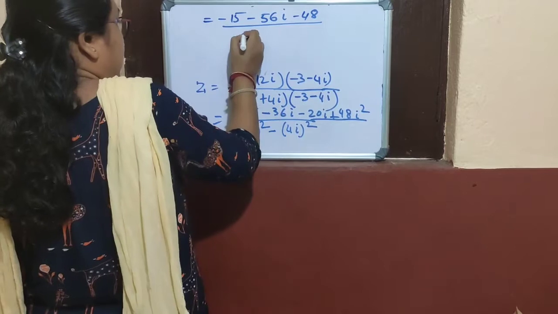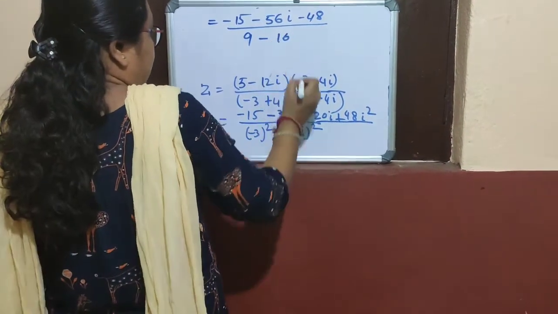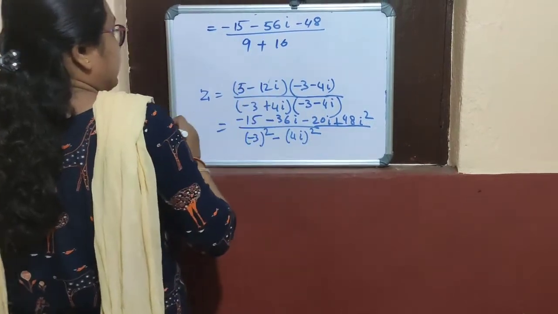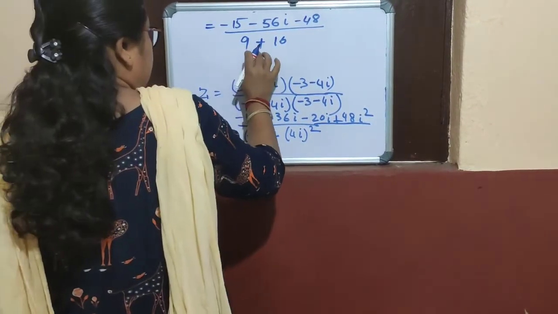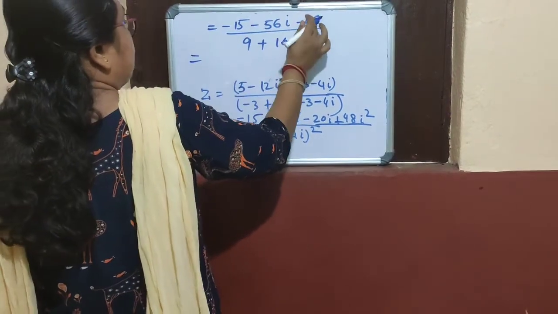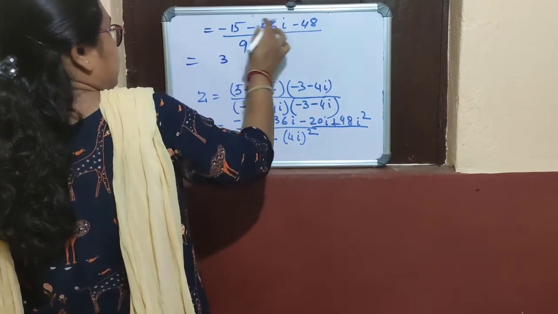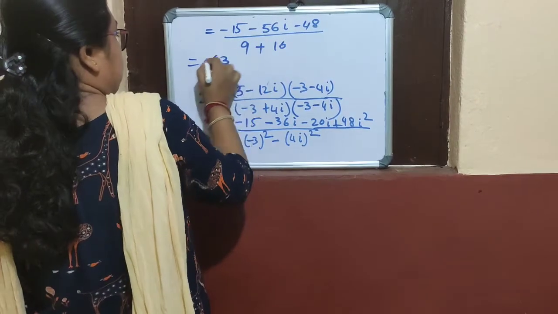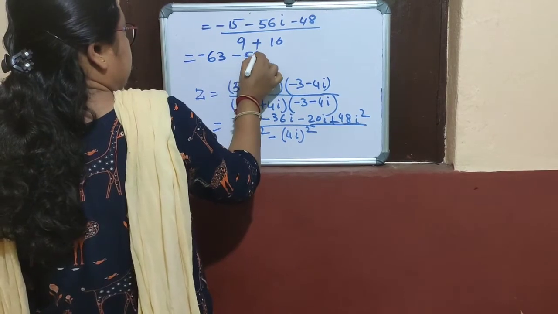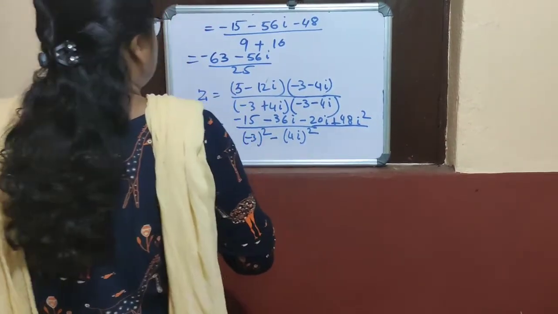And minus 3 square is equal to 9, minus 4 fours are 16, and i square is equal to minus 1, so plus. And here you put plus. Now this is equal to minus 15 minus 48, that is minus 63, minus 56i, divided by 16 plus 9, which is equal to 25.